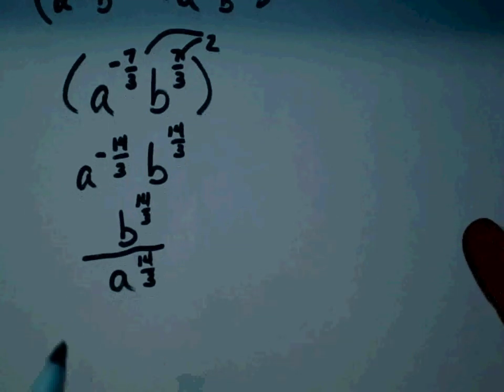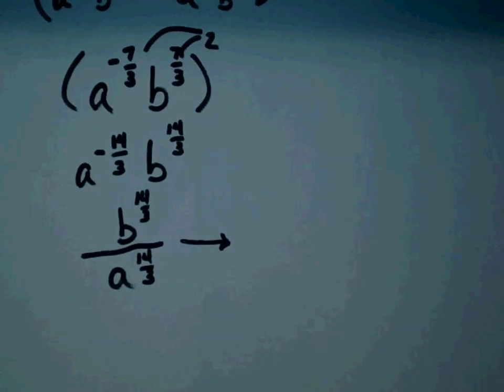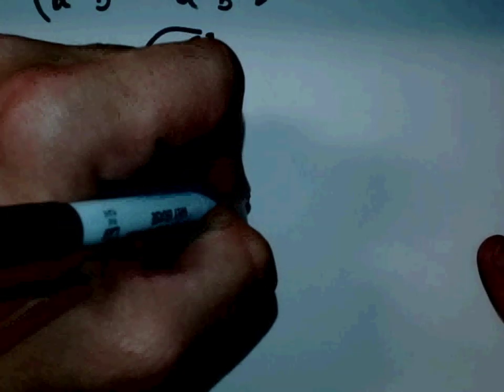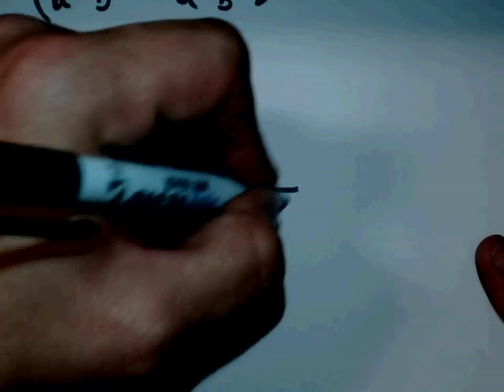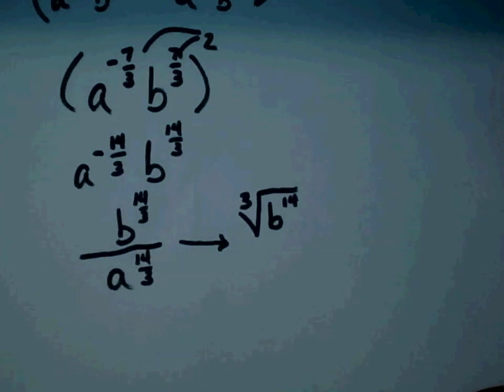So here's what this really is. On top, it's really the cube root of b to the 14th power, right? And I'm not going to work it with radicals. I'm going to work it with the fractions. I'm just wanting us to be able to understand and go back and forth between rational exponents and radical form.